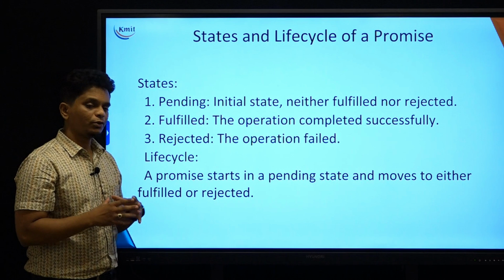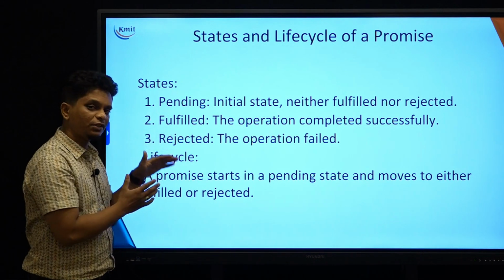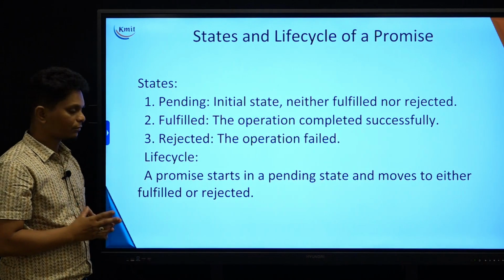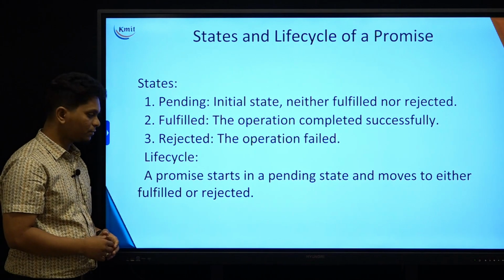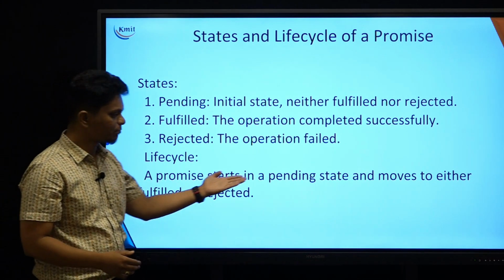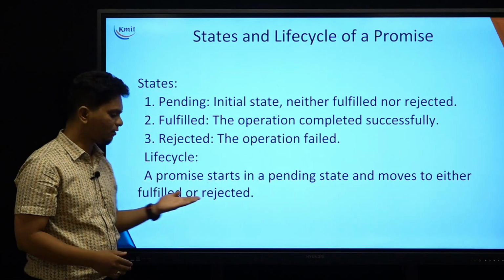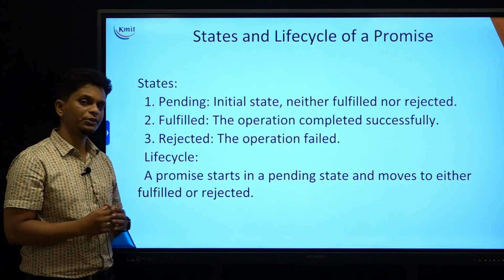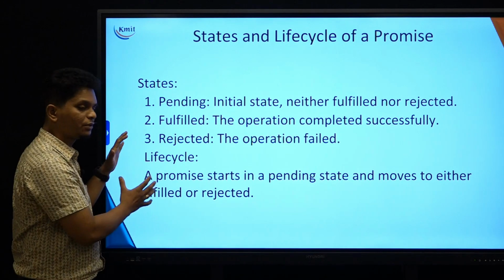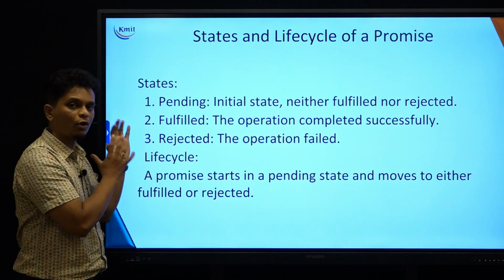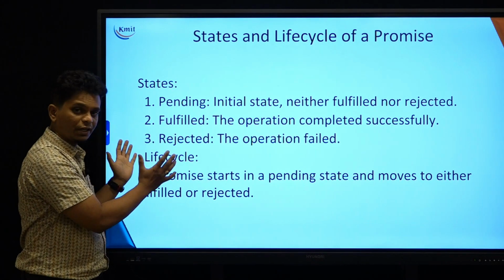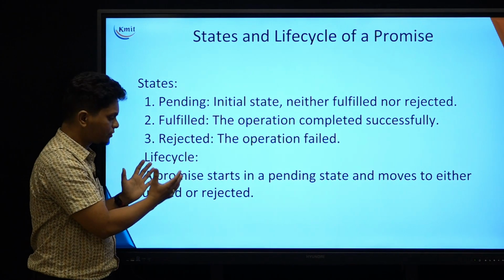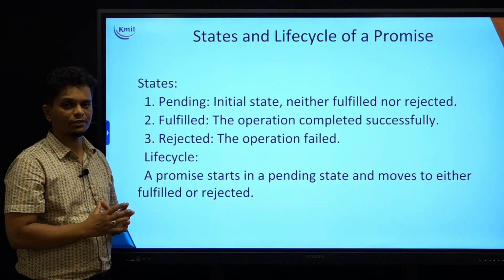And the third one is rejected, where the operation failed. So these are the three states of a promise. And what is its life cycle? It starts in the pending state and moves to either the fulfilled or rejected state. So this is a simple depiction of the different states of a promise and its life cycle.